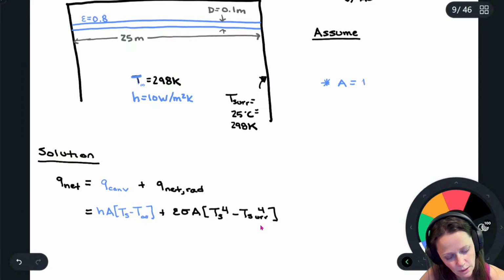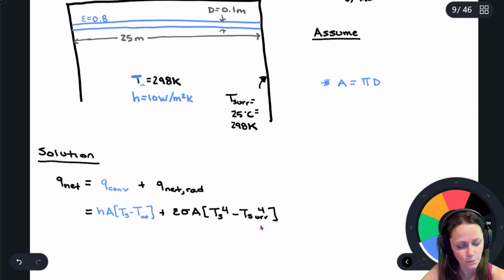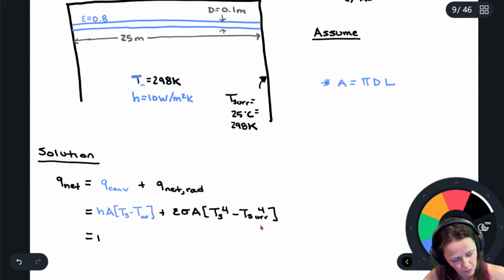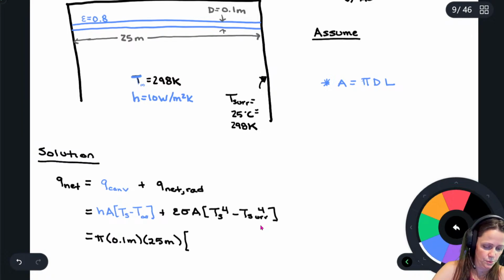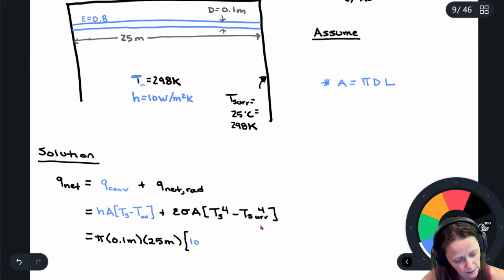So that area would just be the perimeter times the length of the pipe. So pi D would be the perimeter, and then times L. So all of this stuff is multiplied by an area, so I'll just put it on the outside. So pi D, 0.1 meter, L, 25 meters, okay, times, all right, and so we've got the convection. So I've got 10 watts per meter squared Kelvin, times Ts.